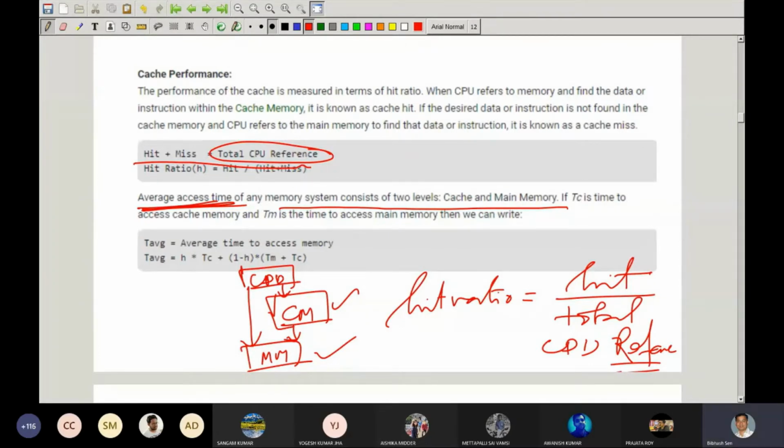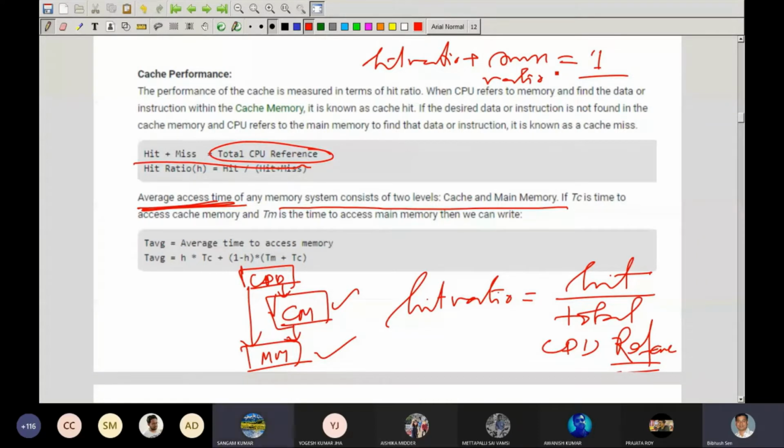But when you compute hit ratio plus miss ratio, the ratio part, that time it is always 1. Sir, if we use hit rate, then it will also be 1? Yes, hit rate, if you consider the number of hits divided by the number of CPU references, that time only.